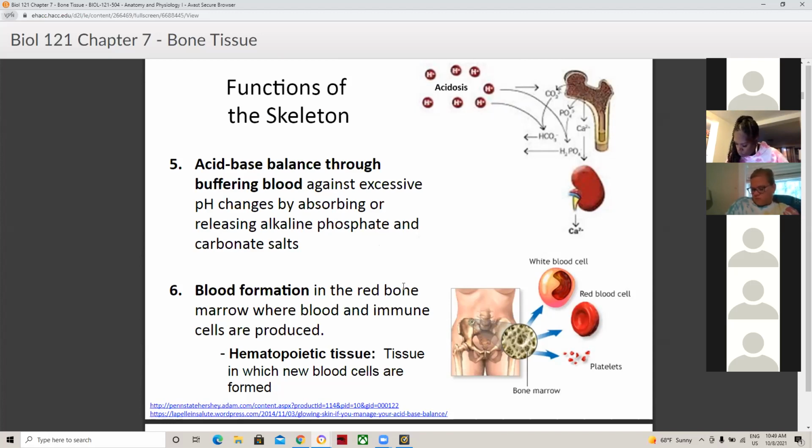Blood formation also occurs within the red bone marrow, where blood and immune cells are produced. A hematopoietic tissue is a tissue in which new blood cells are formed. Let me stop just for a second here.